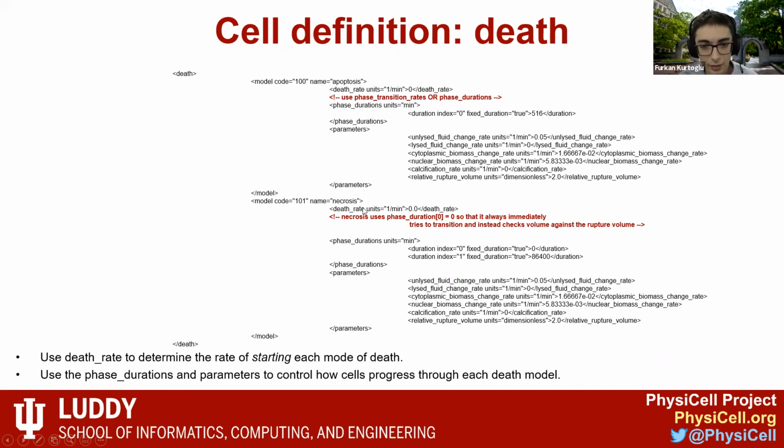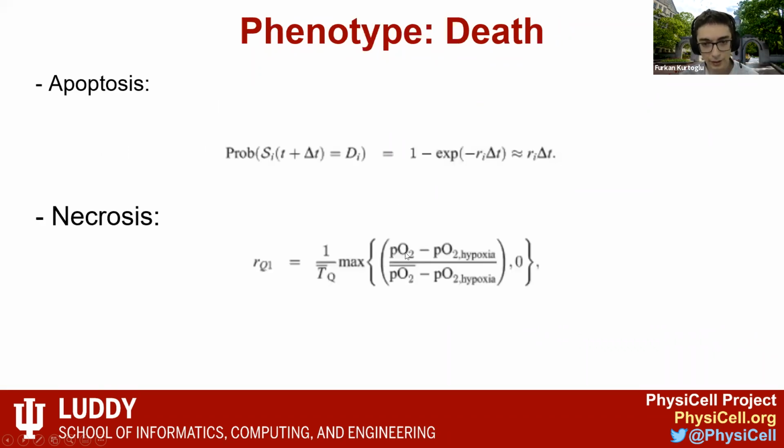Also, the necrosis is again a very similar thing. The one thing I would like to explain is that apoptosis is very similar to the cell changing phase, but instead of dividing, they die, and they lose their volume according to the biomass change rates and fluid change rates, which are defined in the death model.